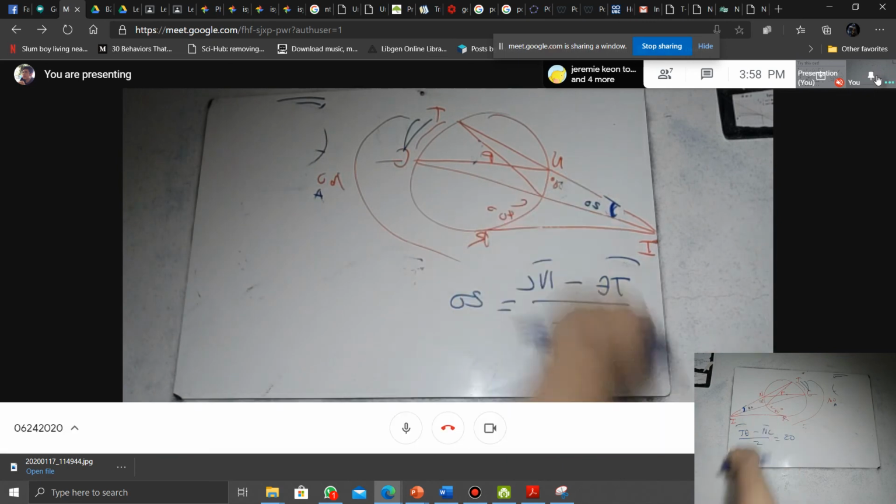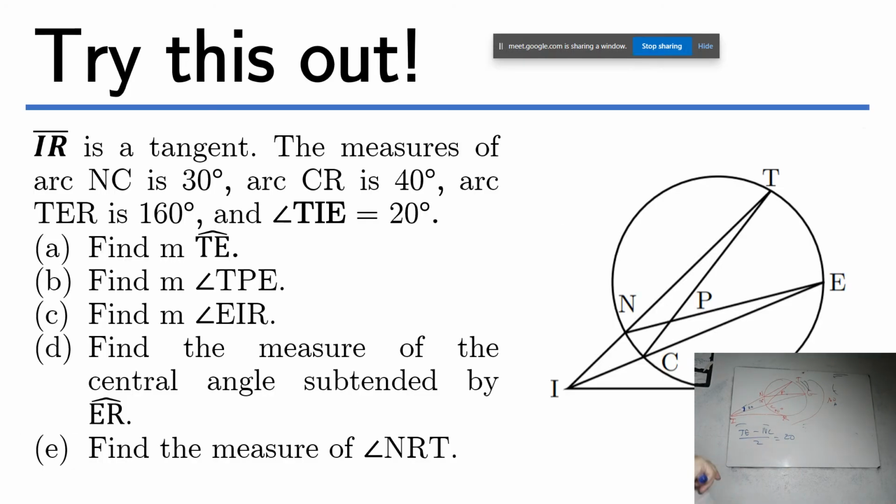Ngayon, let's substitute yung mga known natin, no? NC 30, CR 40, TER 160. Okay. Ayan, TE minus NC over 2 equals this. So, TE minus 30 over 2 equals 20. Hindi pa lang ng operations kanina.